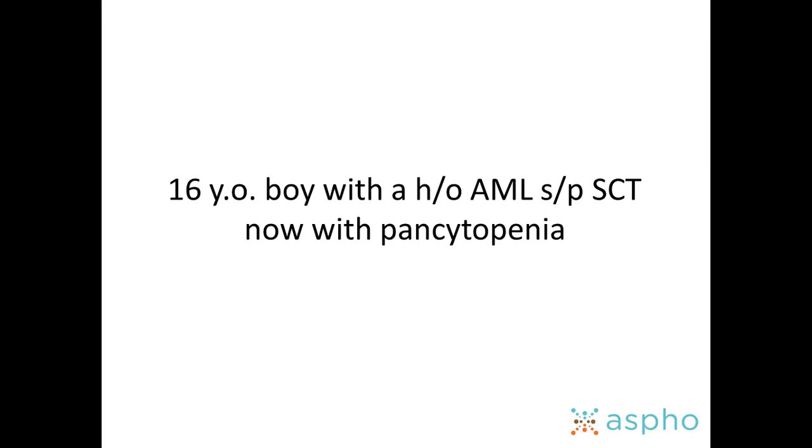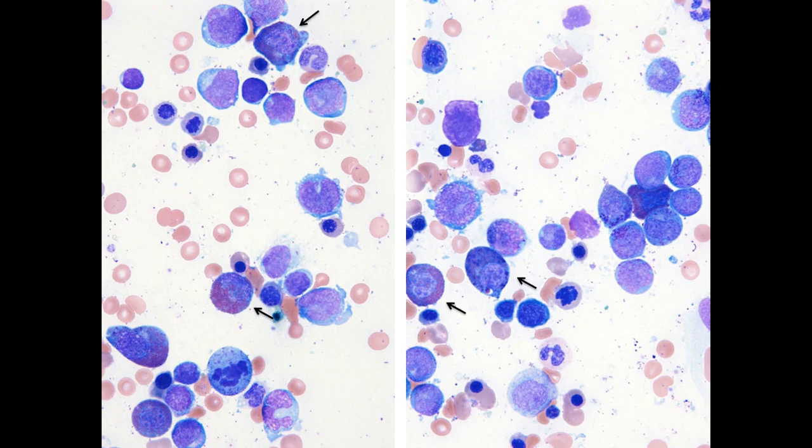Here's a 16-year-old boy with a history of AML status post stem cell transplant, now with pancytopenia. So here you can actually appreciate that he has some normal hematopoiesis, including red cell precursors. It turns out to be very difficult to point with this because the slide advances whenever I do that.